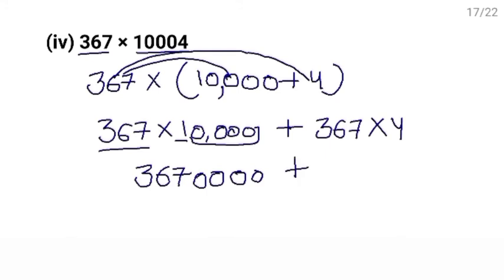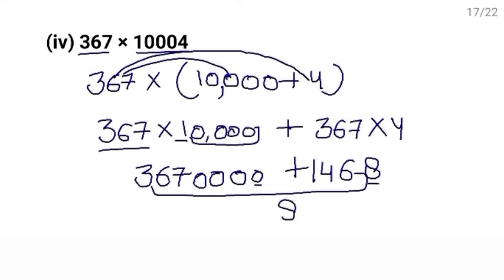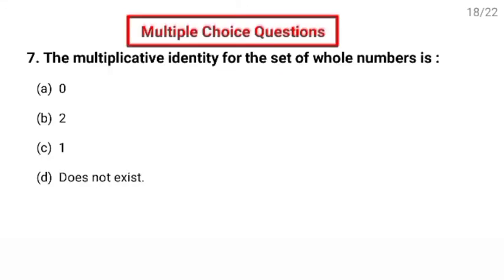Plus 367 4s: 4 7s are 28, 4 6s are 24 plus 2 is 26, 4 3s are 12 plus 2 is 14. So you are getting 1468. Now add them. 8 plus 0 is 8, 6 plus 0 is 6, 4 plus 0 is 4, 1 plus 0 is 1, 7, 6, 3. This is your answer.